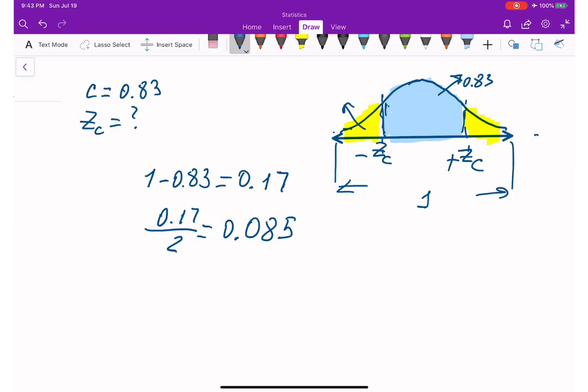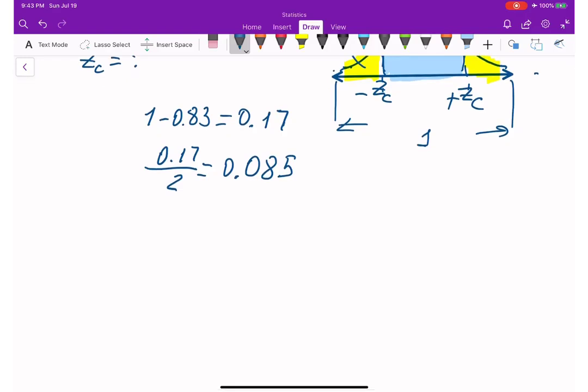This is the area, this is the probability. From here we are going to go to the z-score table.